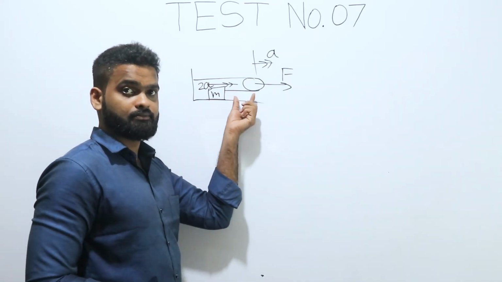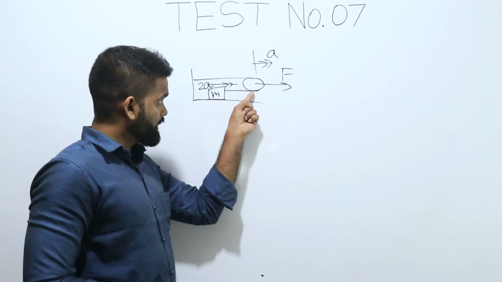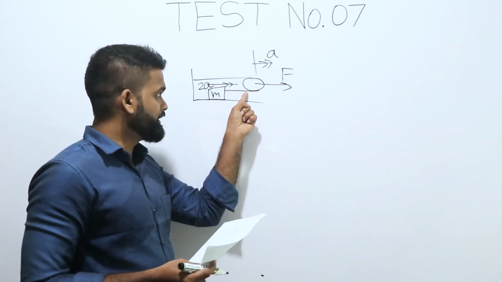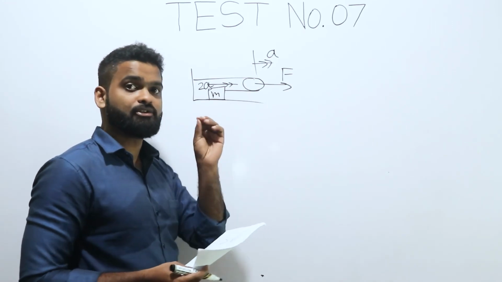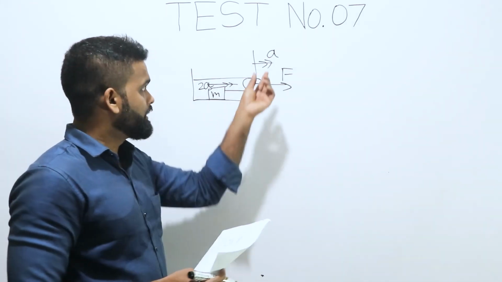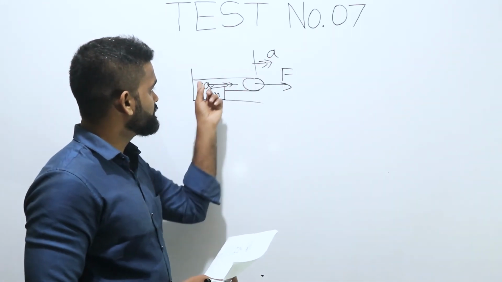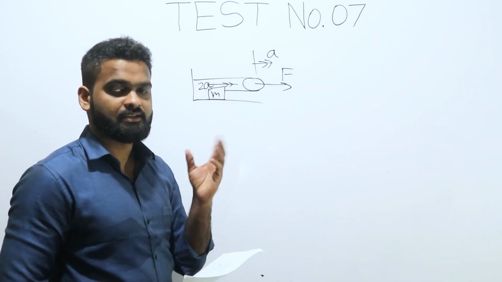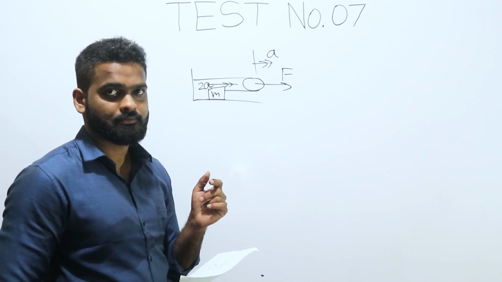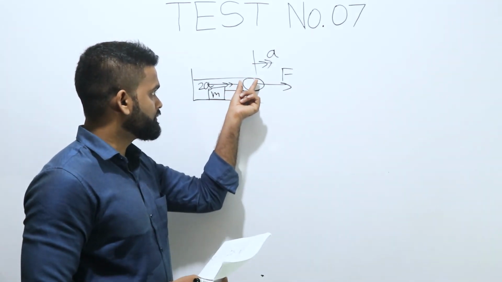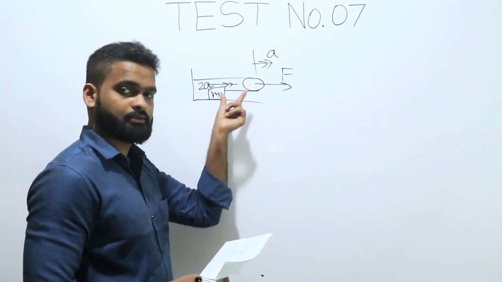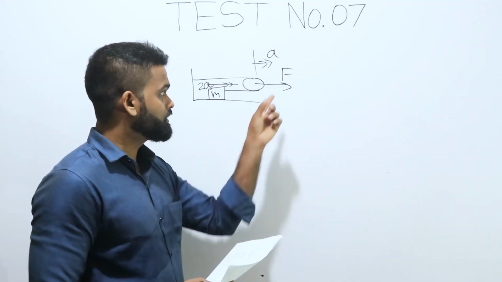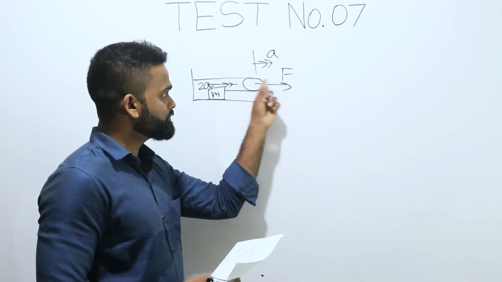Then the total shortening of this part of the string should be 2 centimeters. So if the acceleration is A here, the acceleration here should be 2A, twice the acceleration, because the length of this part of the string gets shortened by 2 times the distance moved by the pulley.